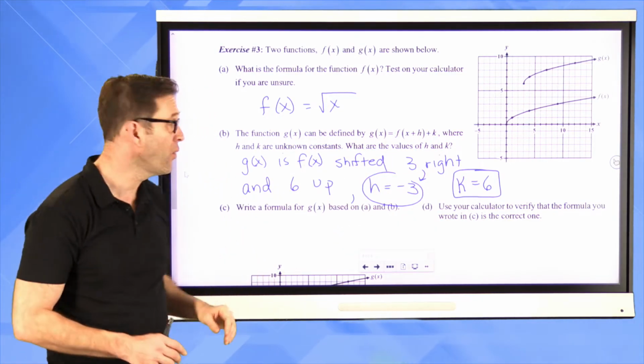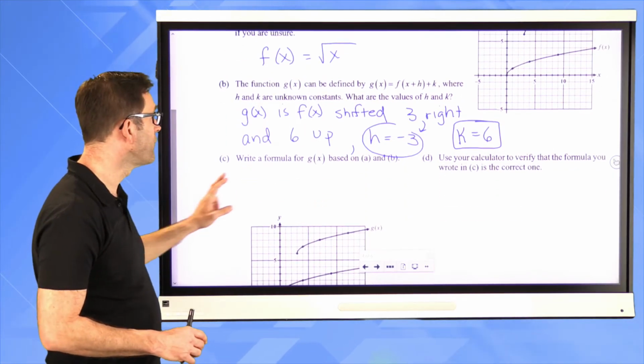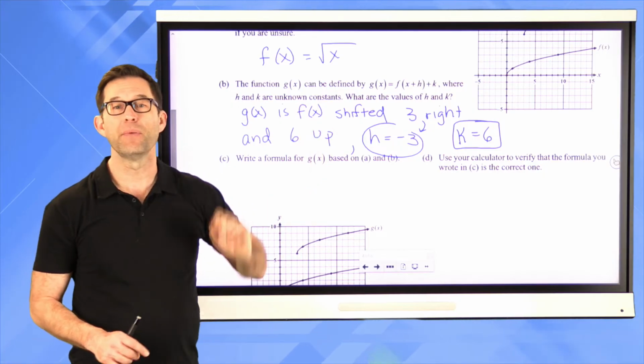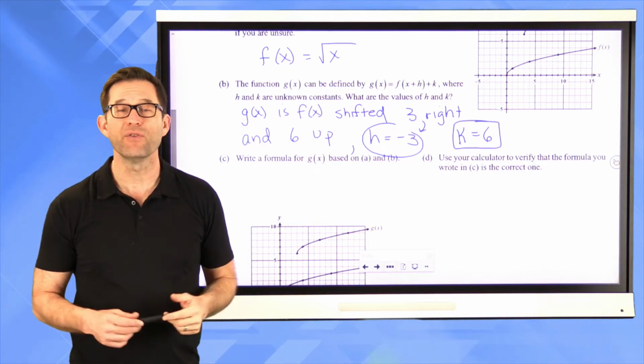All right, but now we can actually write a formula for g of x based on both A and B. Pause the video now and see if you can write that formula.